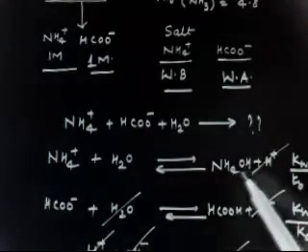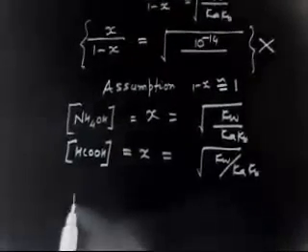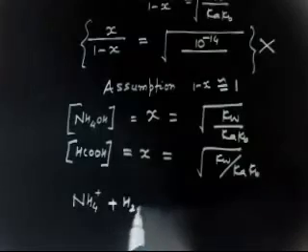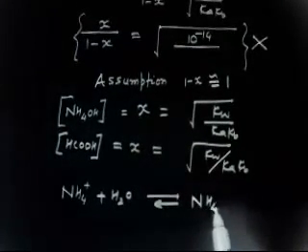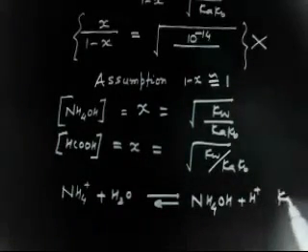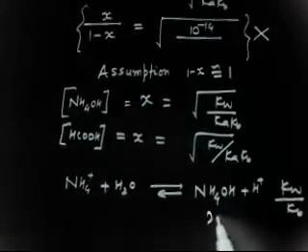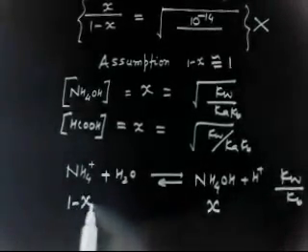So let us use this equation: NH4 plus H2O gives NH4OH plus H plus, and the equilibrium constant for this reaction is Kw by Kb. Now the concentration of NH4OH is x, and NH4 plus is 1 minus x.